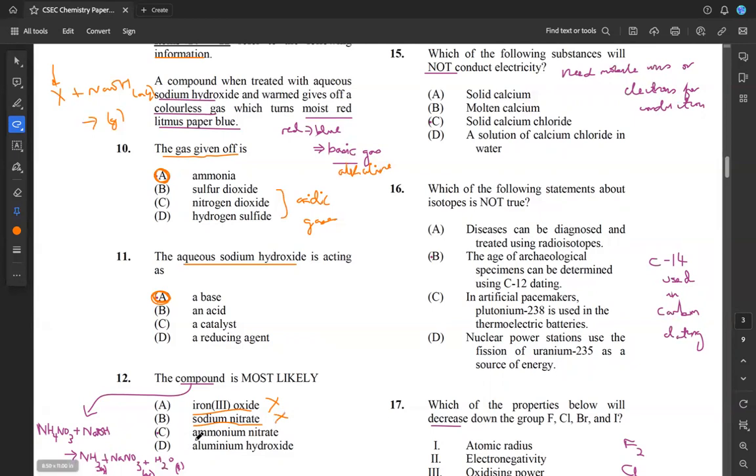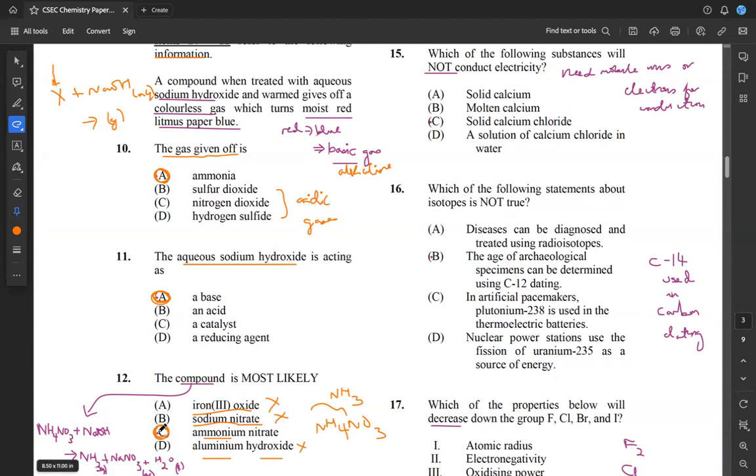But if we look at ammonium nitrate, NH4NO3, we can get NH3 out of that. So right away, we know that C has to be our answer here for our starting compound that we're going to react the NaOH with. Aluminum hydroxide, same thing. There's nowhere to get ammonia gas out of that when we react it with NaOH, so this is not our answer.